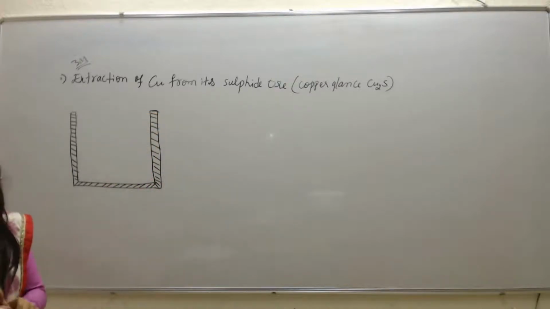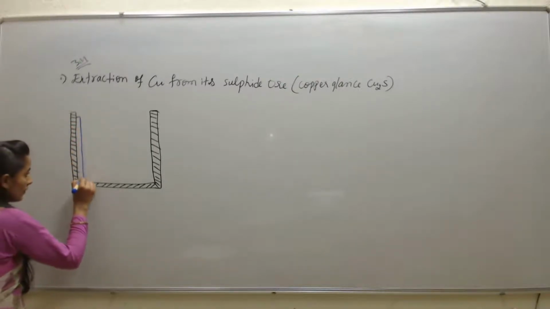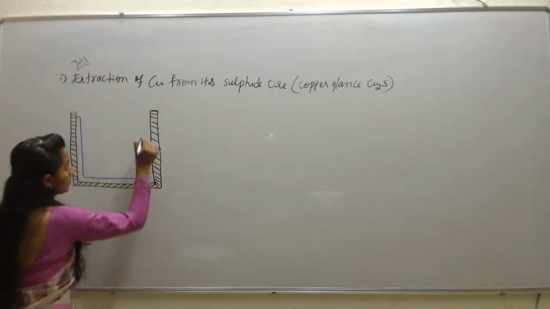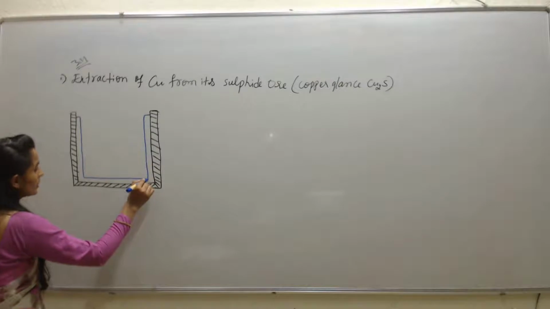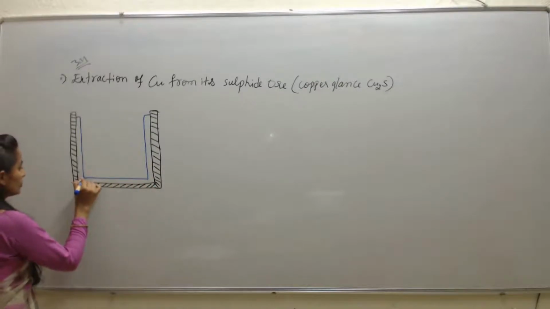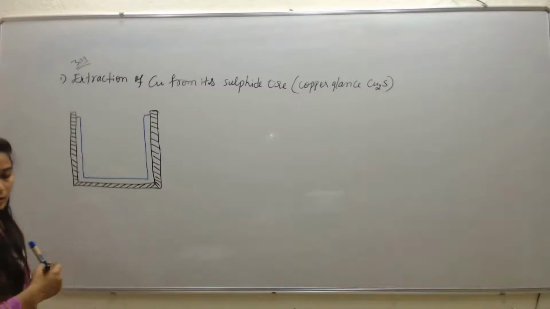Okay. Next, this is magnesite lining. This magnesite lining is to reduce the carbon. Okay. Next one.